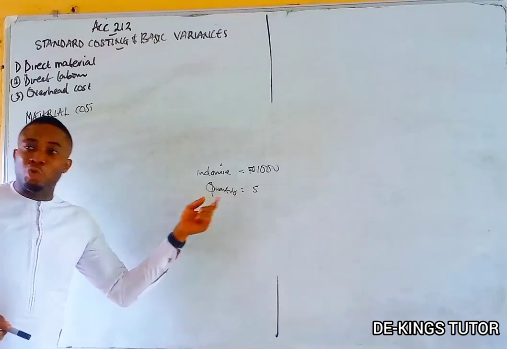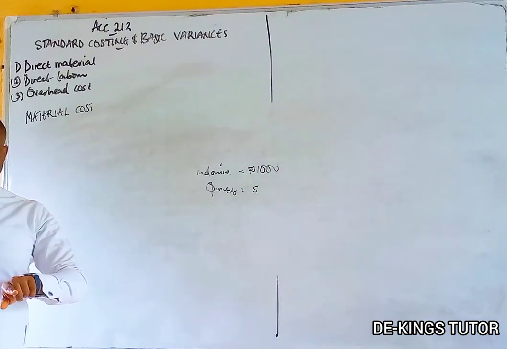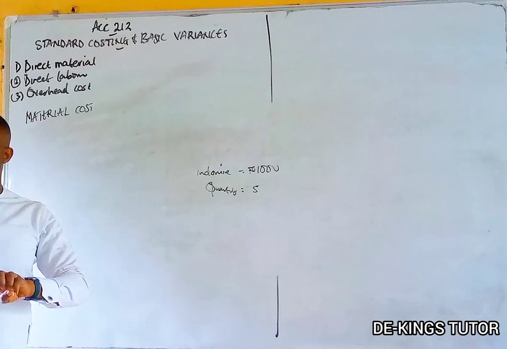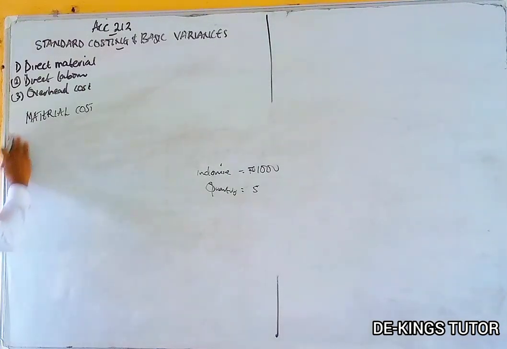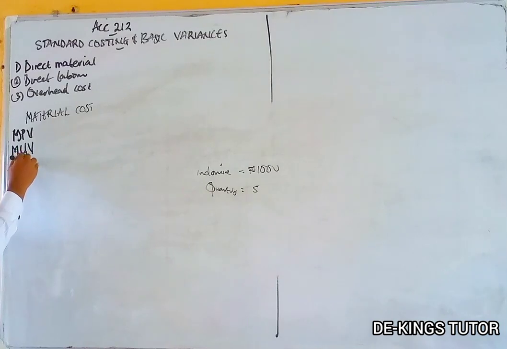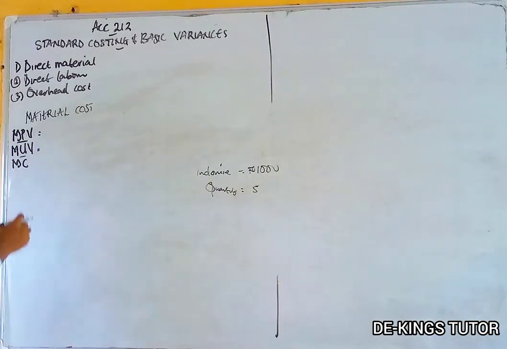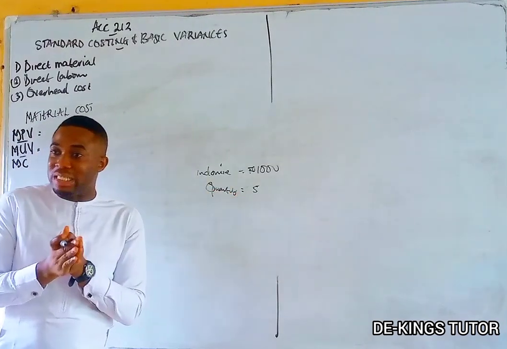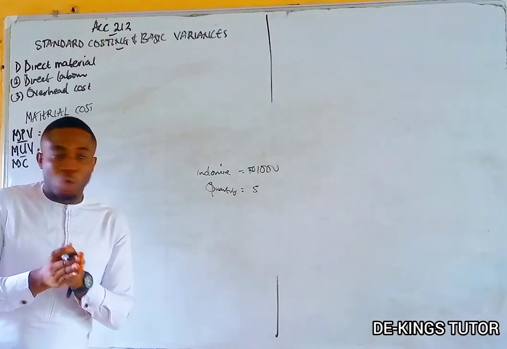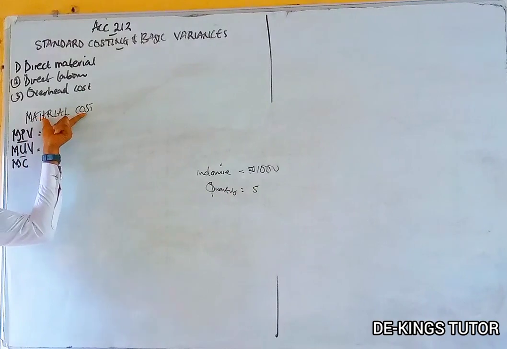Now the quantity has to do with its usage. Please follow me. So we'll have the variance for the price and the usage. Now you can only use an item when you have it as quantity. So we want to see the cost of material.